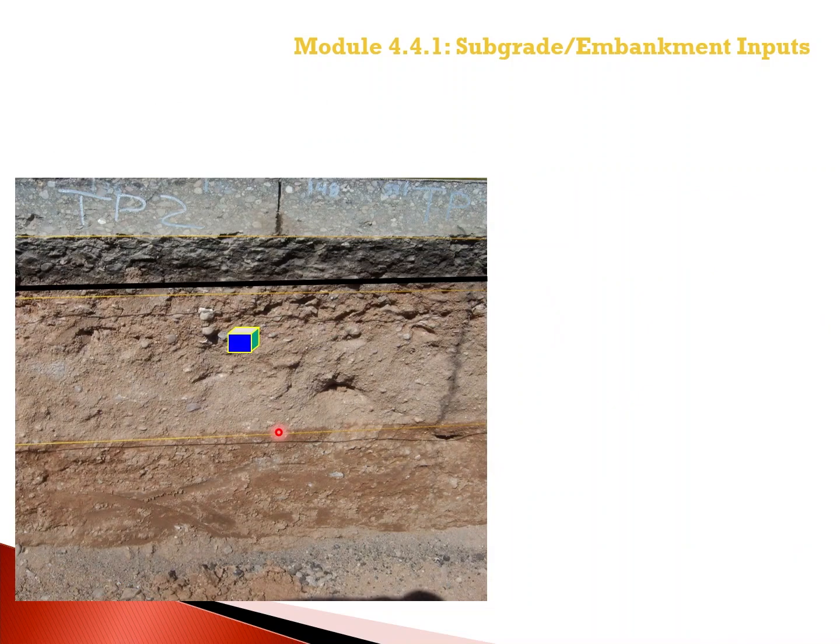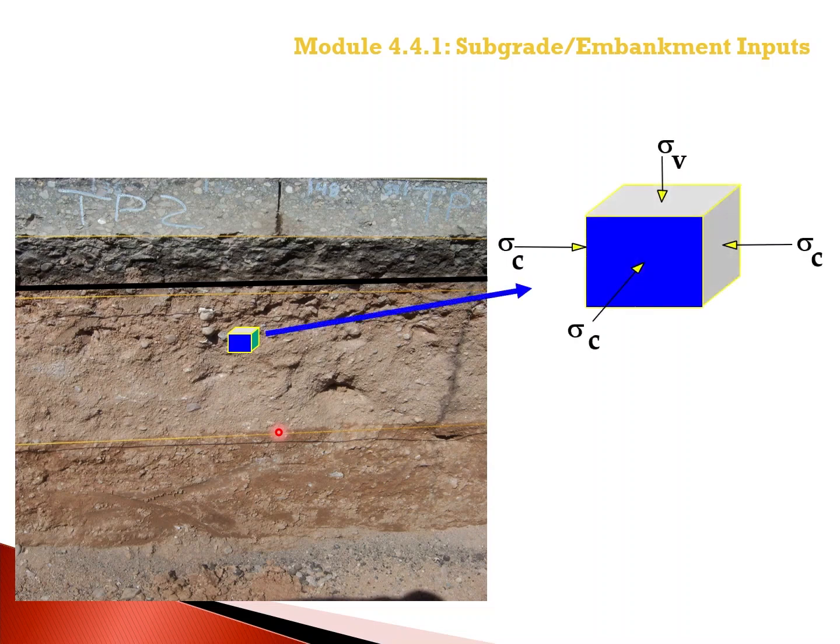The design resilient modulus measured from AASHTO T307 should represent the resilient modulus at the equivalent stress state in the pavement. So before any wheel load is even applied to the surface of the flexible or rigid pavement, the element of soil has a stress state around it from the overburden and at-rest stress state.